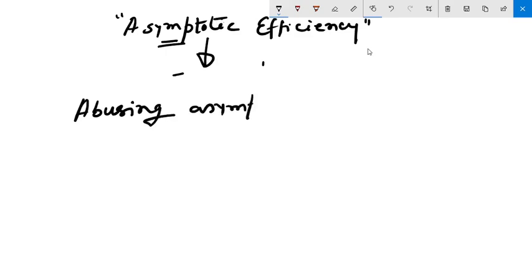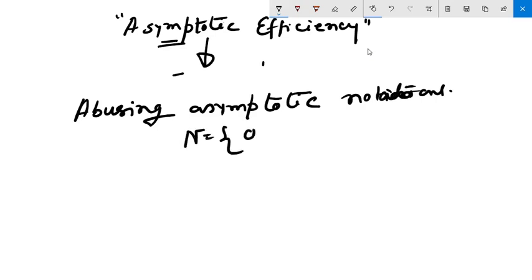This you have to remember. Now you can ask me why it is so. Because asymptotic notations are applicable only to the natural numbers 0, 1, 2, 3 and so on, so these can be abused.